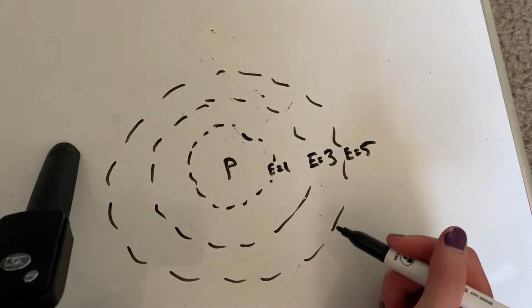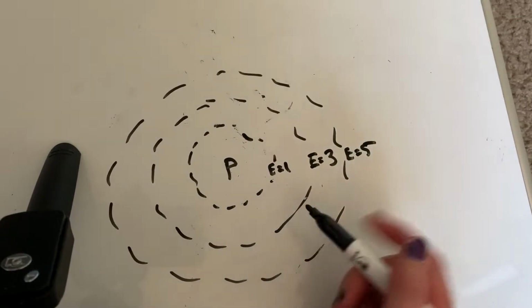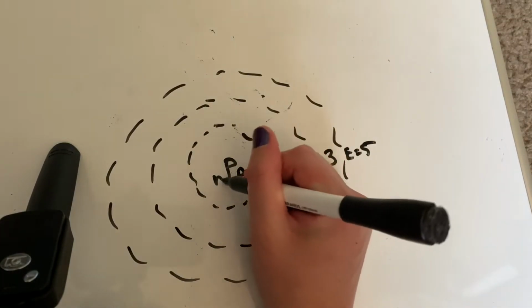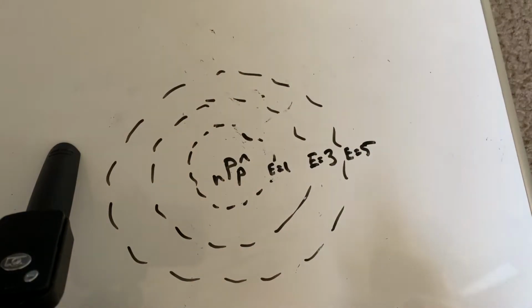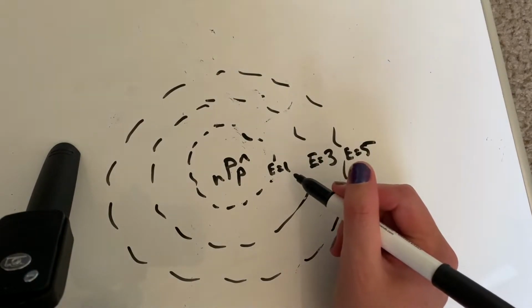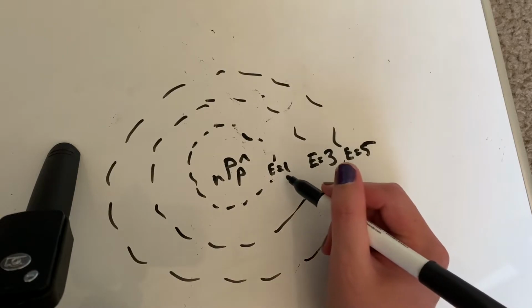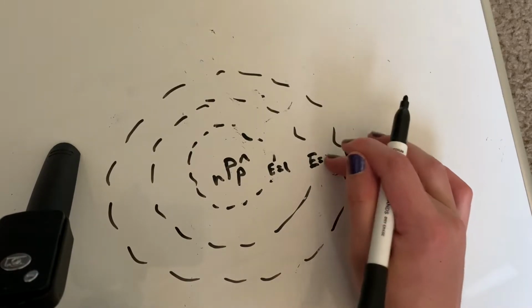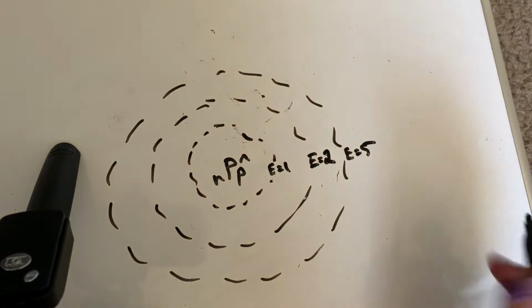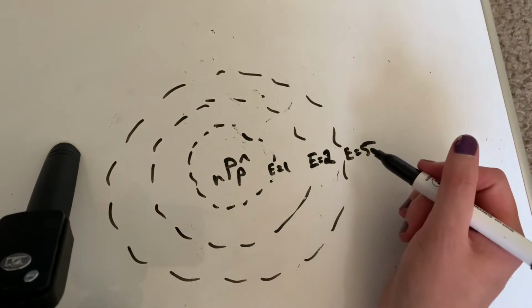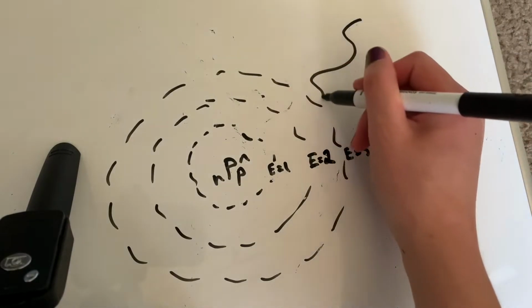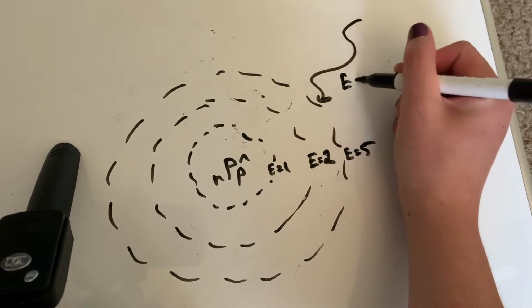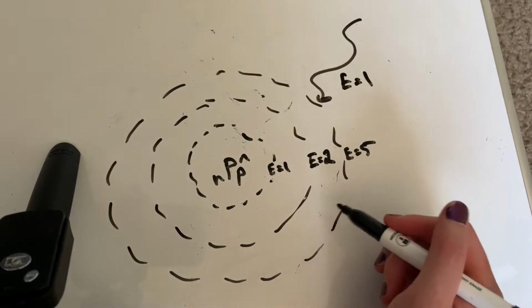Here's the important thing. If this were a different atom, let's say it was helium, which has 2 protons and a couple of neutrons, these energy levels would be different. You could still have an energy of 1 at this level, but this might correspond to an energy of 2. Now, all of a sudden, light that comes in with an energy equal to 1 can be absorbed by the atom.